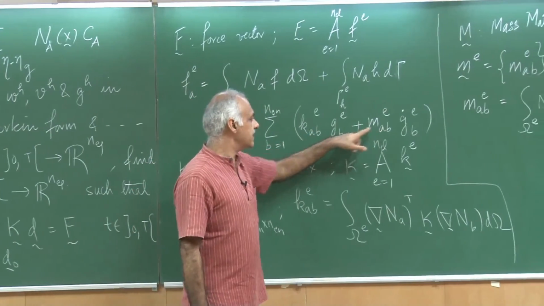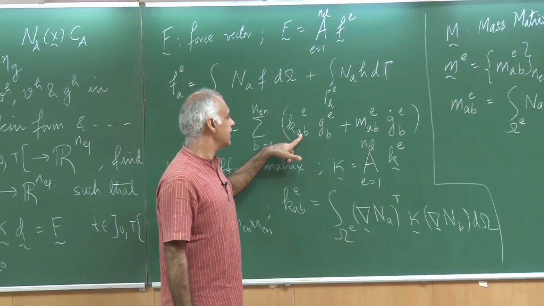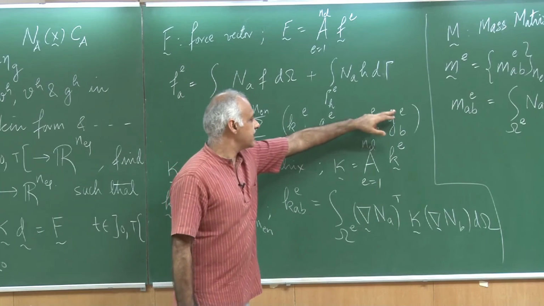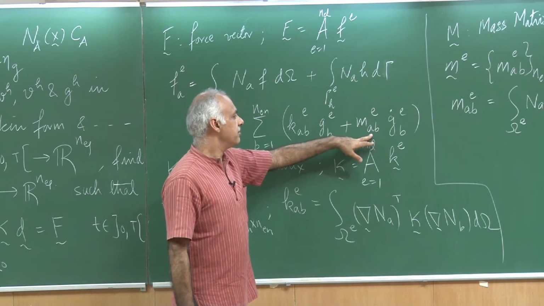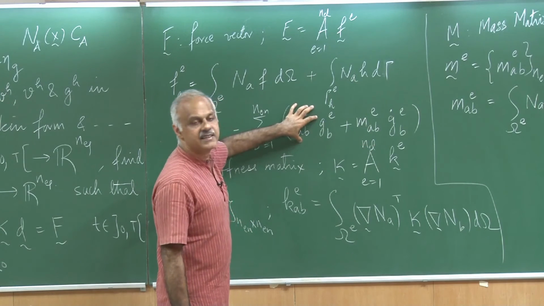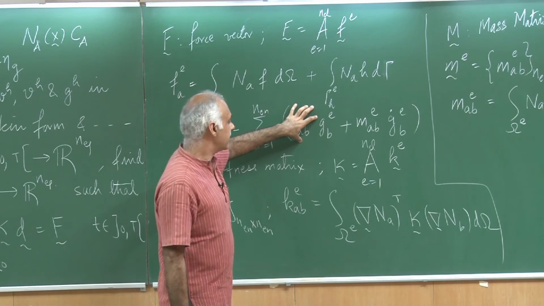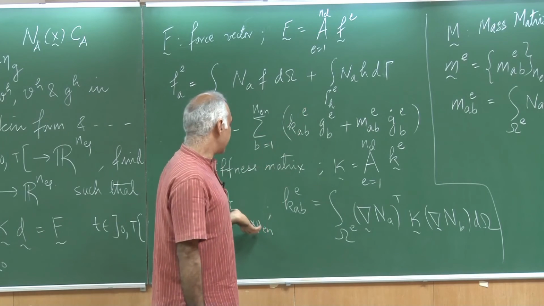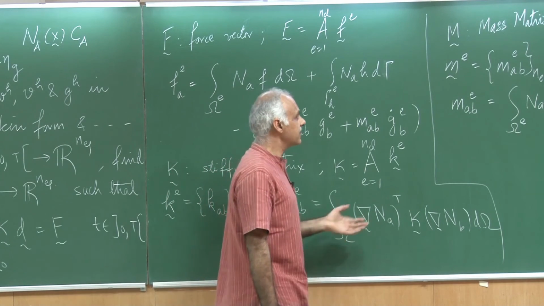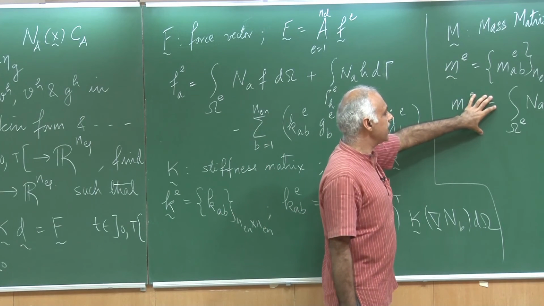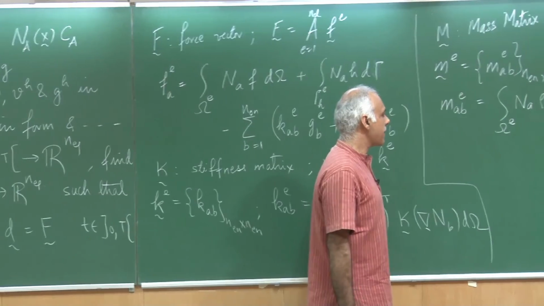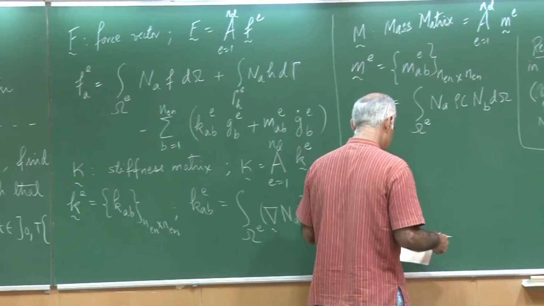There are these two additional terms which arise because of the boundary conditions, and in fact this additional term is because of the unsteadiness of the Dirichlet boundary condition. This part is there in the steady state equation as well. As far as the stiffness matrix is concerned, there is nothing new, it is exactly as before. The mass matrix is completely new, this is not there in the steady state equation, and I have written it over here. So, some remarks.